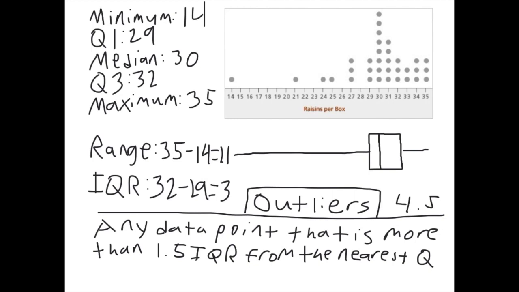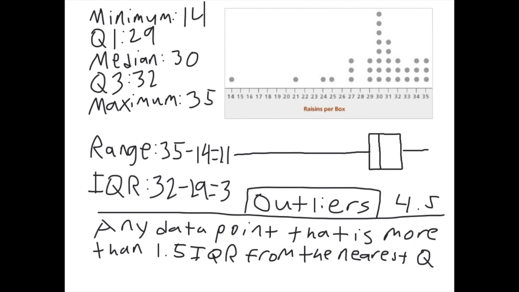The left side, however, the quartile 1 is 29, so 4.5 less than that would be 24.5. So 24.5 is the mark where everything to the left of that would be known as an outlier.